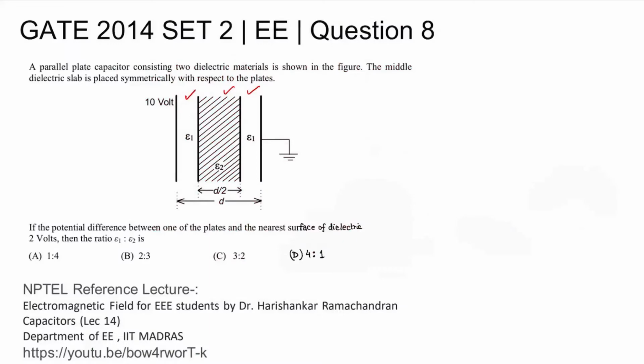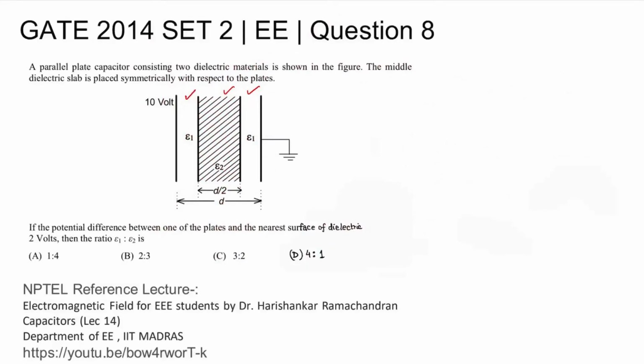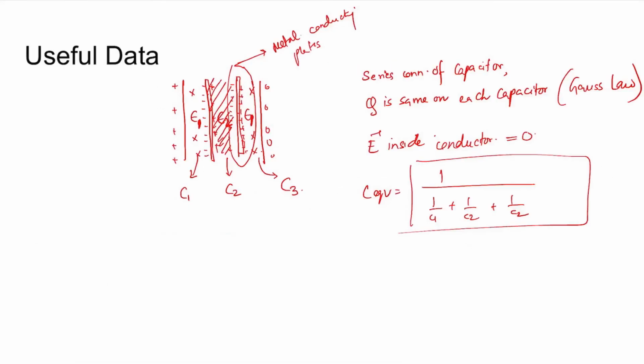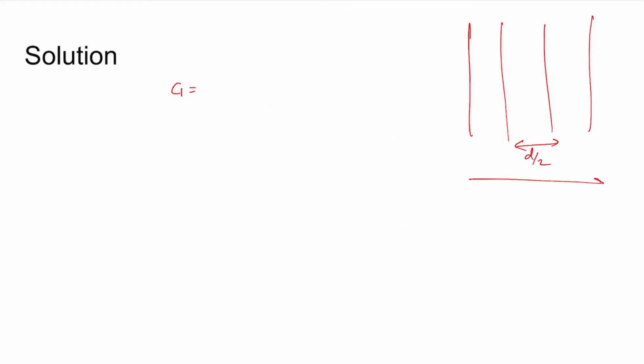So this will be needed in order to solve this question. Drawing it once again, this is d by 2, this is d, so these two distances sum to d by 2, so half of that is d by 4 each.